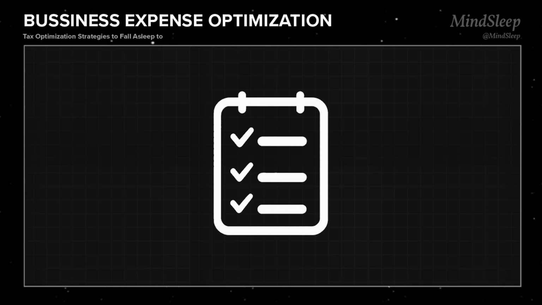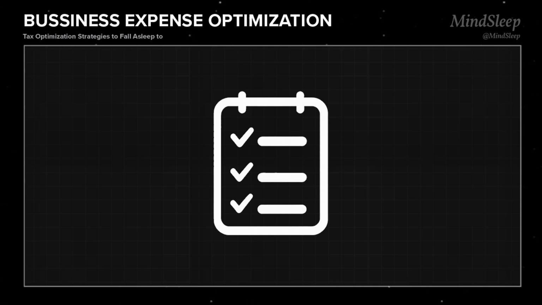As we transition from the intricacies of tax loss harvesting, we find ourselves delving into the equally fascinating realm of business expense optimization. This concept, while seemingly straightforward, harbors depths of complexity that can significantly impact a company's financial health and tax liability.